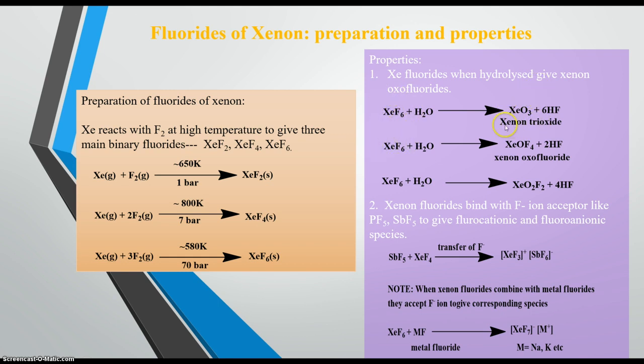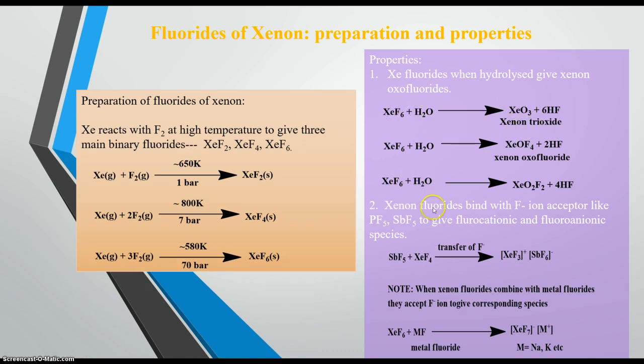It is the same for both reactant and product, and that's why we cannot call these reactions redox reactions. These are normal hydrolysis reactions where the oxidation state of xenon remains the same in reactants and products.